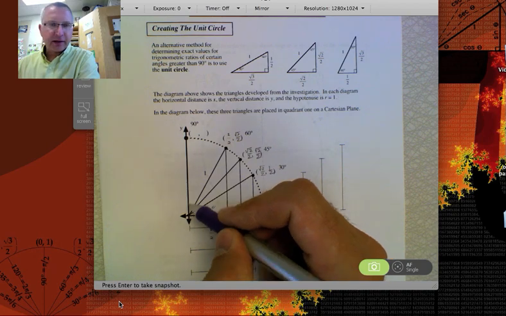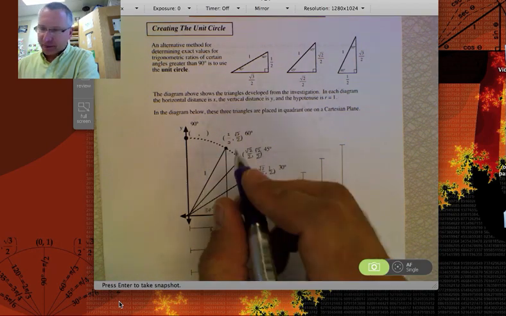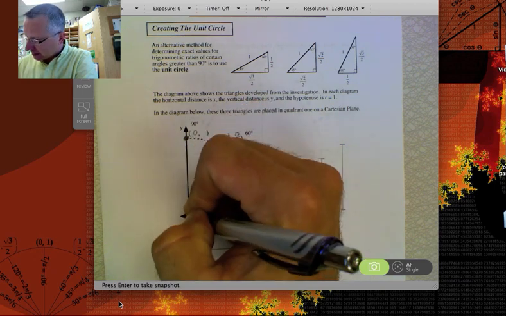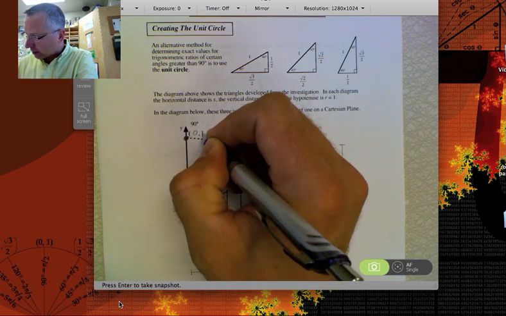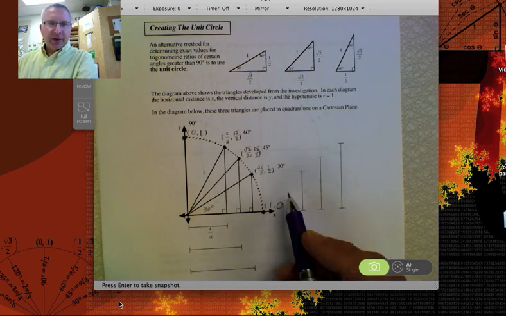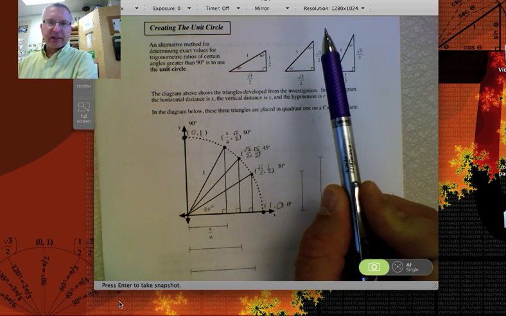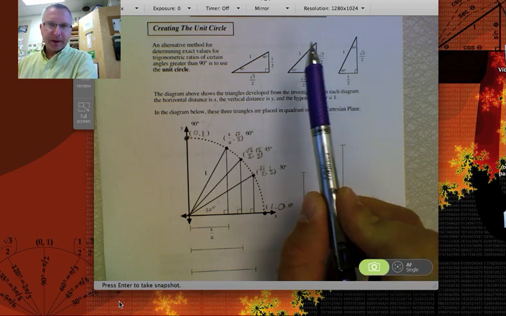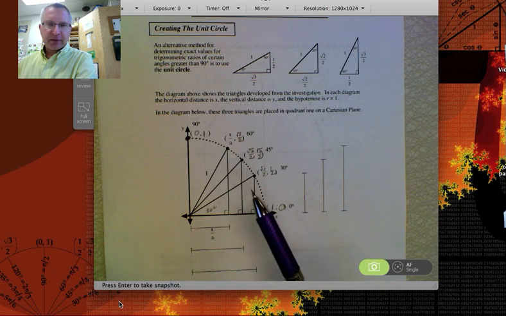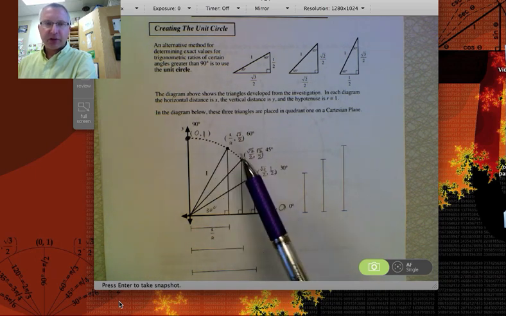If we look at 90 degrees, the x value is 0, and this distance is our hypotenuse, so it has a y value of 1. So there we go. We've transformed this information from our special triangles into our unit circle.